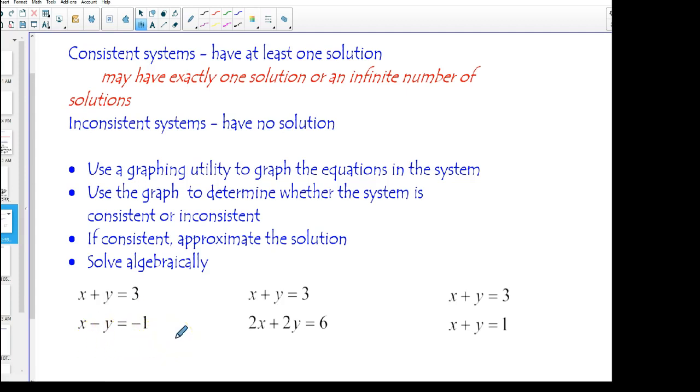Well, if we want to use a graphing utility to graph this system, we need to solve the equations, both of them, for y, because we have a y equals screen. So when we solve the first equation for y, we have y equals 3 minus x, or you could also say negative x plus 3.